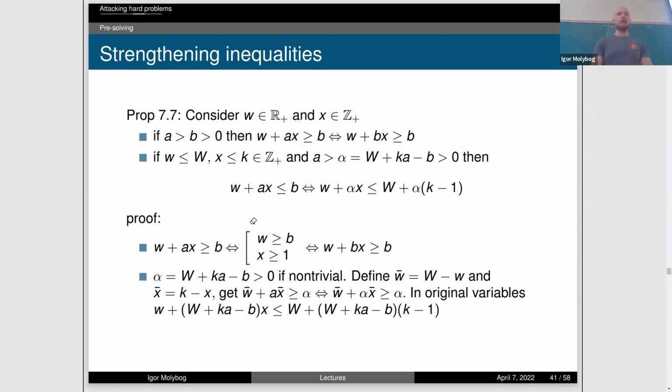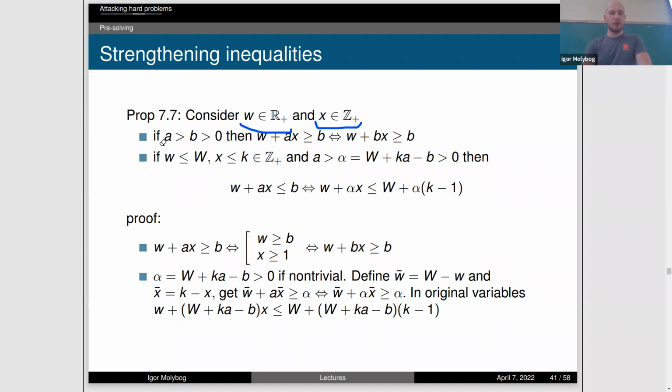So consider a variable w, which takes non-negative real values, and the variable x that takes non-negative integral values.